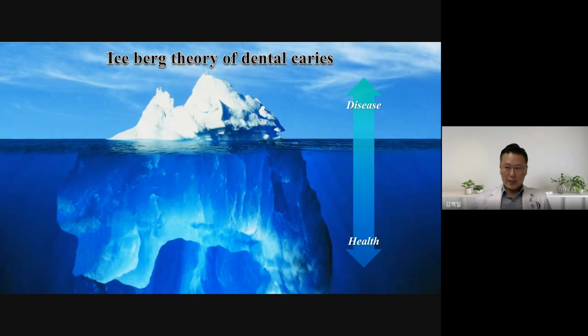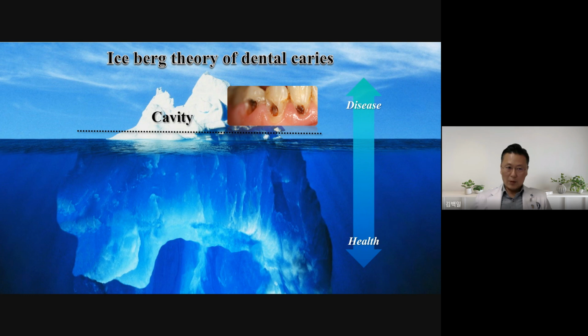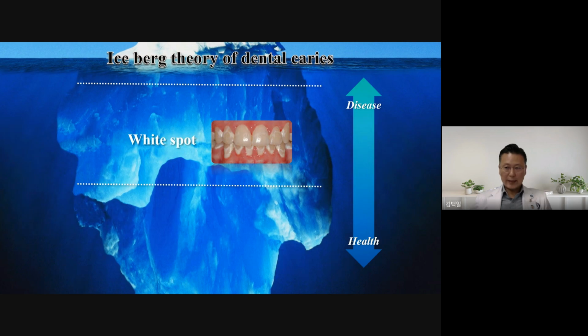For example, the most upper part is the cavity. Many dentists easily recognize the cavity lesion. However, underneath this sea level, we can find the white spot, the incipient caries, the initial caries level. So we can call it a white spot.